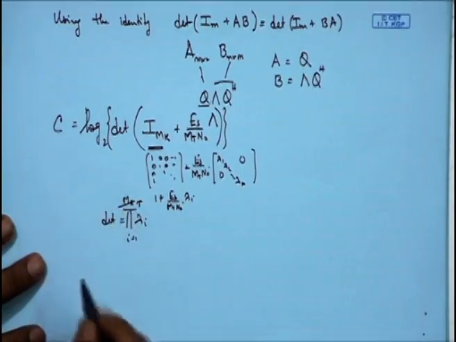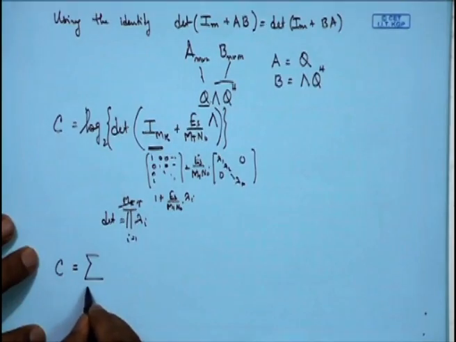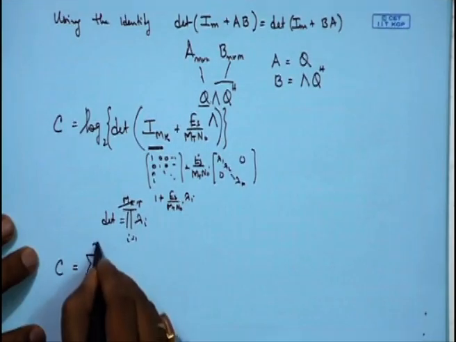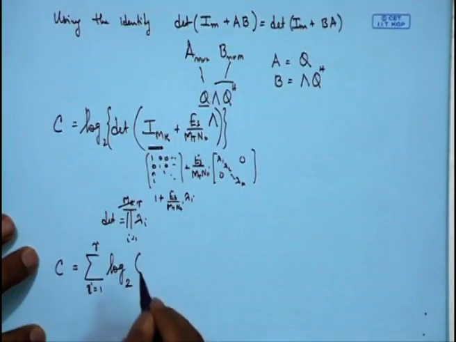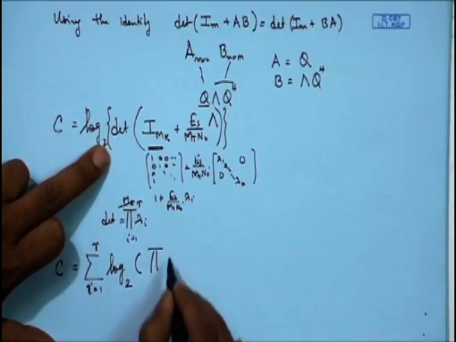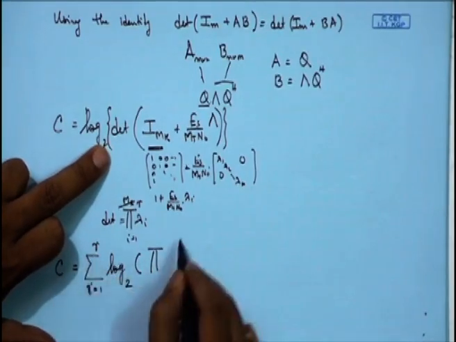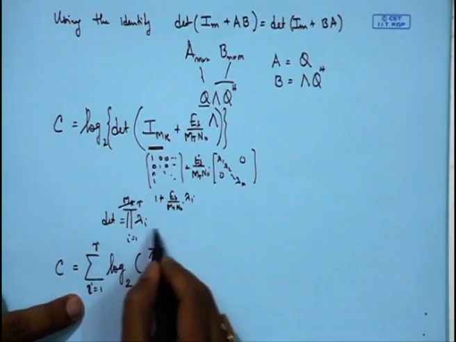So we could rewrite this expression as C equals the sum, i equals 1 to the rank of the matrix, of log 2 of. You could put it as a product. There is an intermediate step, which we have already skipped because it is a product of these.